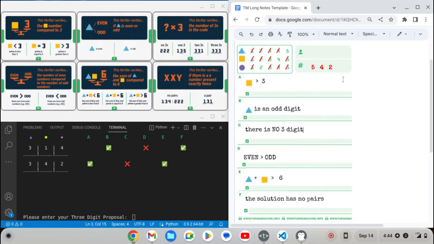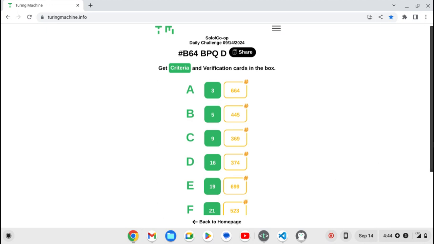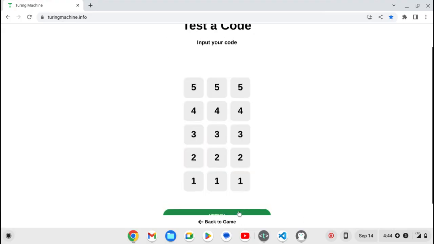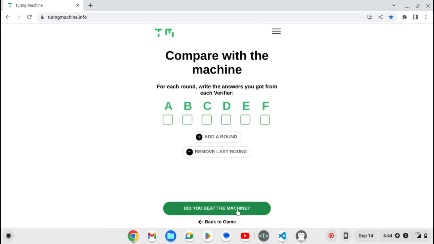Okay, well, let's go verify. So 5, 4, 2. So 5, 4, 2. Fantastic. Yes. Now let's see how we did versus a Turing machine.